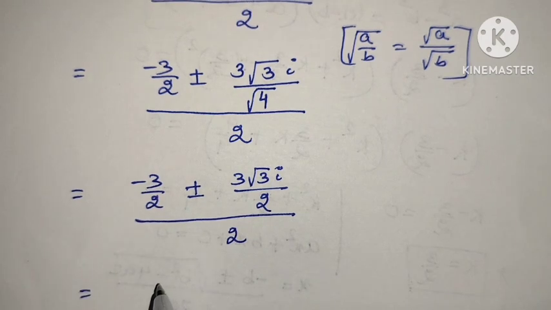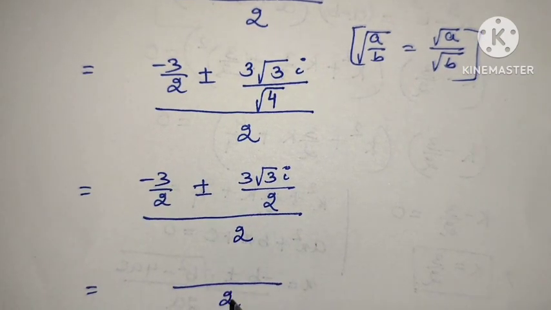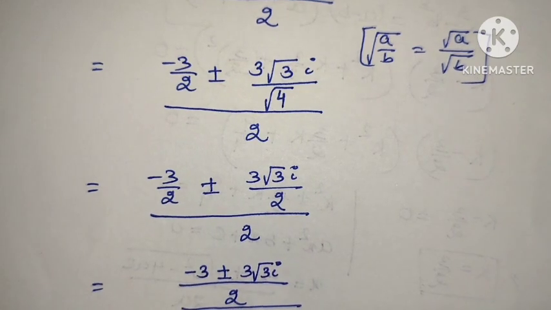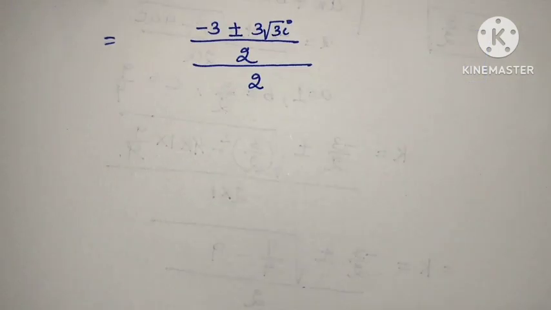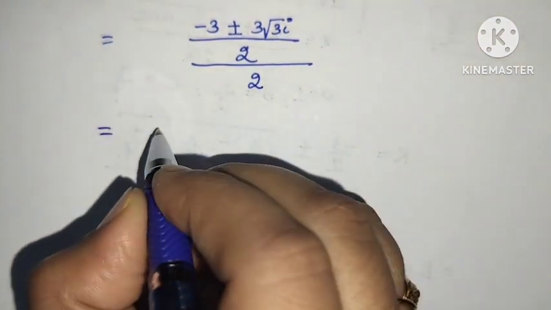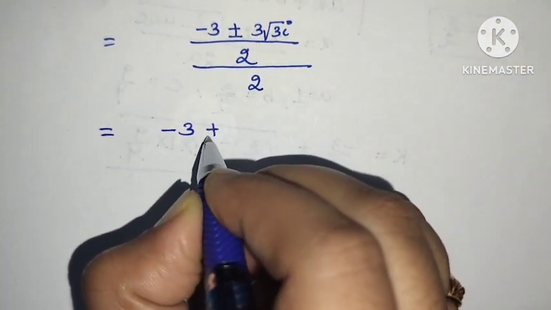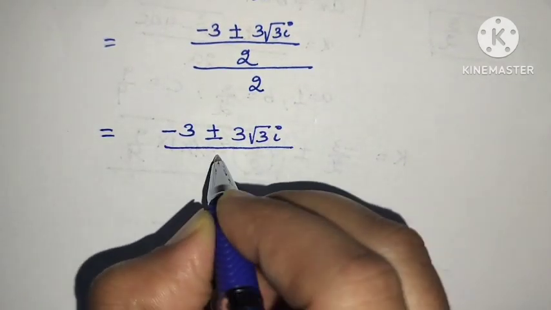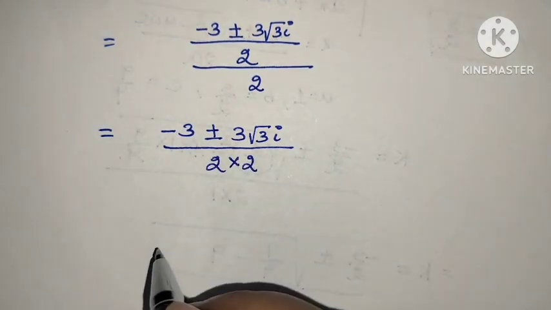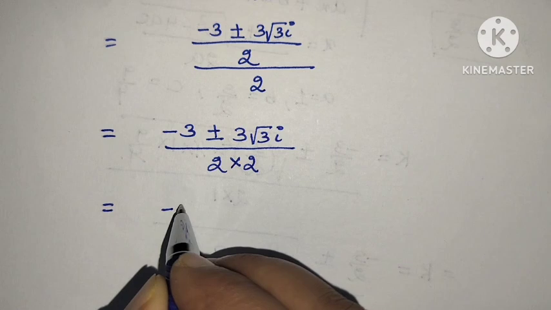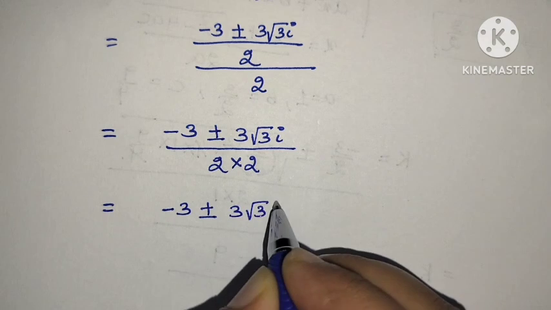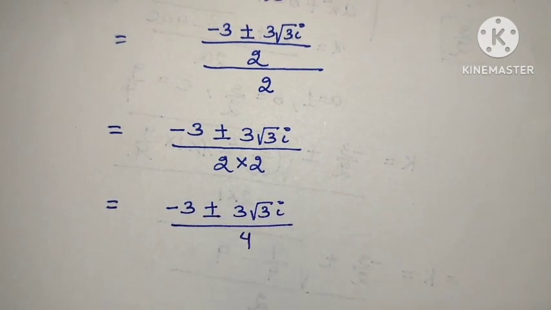In LCM, take out 2: minus 3 plus minus 3 root 3 i, divided by 2, whole divided by 2. Yes, this is equal to minus 3 plus minus 3 root 3 i divided by 2 into 2, is equal to minus 3 plus minus 3 root 3 i divided by 4.